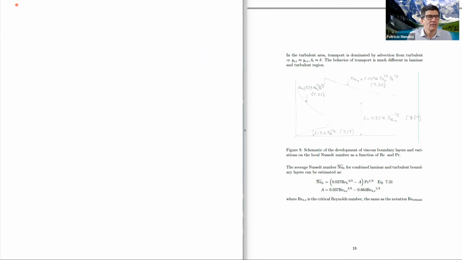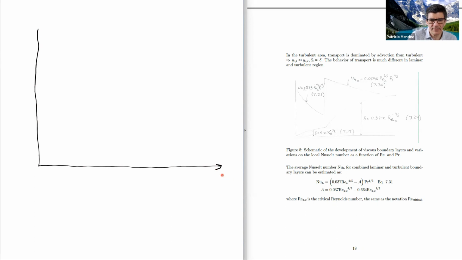Okay, I got it. So I'm going to try to do these curves here. The horizontal axis is x. The vertical axis can be either of these two things. I'm going to start with the thickness of the boundary layer.